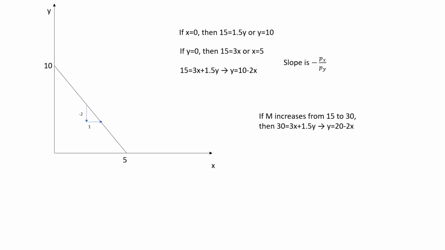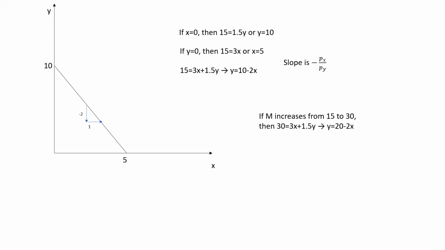What happens if we have an increase in the nominal income? So, for example, instead of having 15 euro available, we have 30 euro available. Then what we can do is, of course, to use the modified budget constraint to express the budget constraint line as an equation.